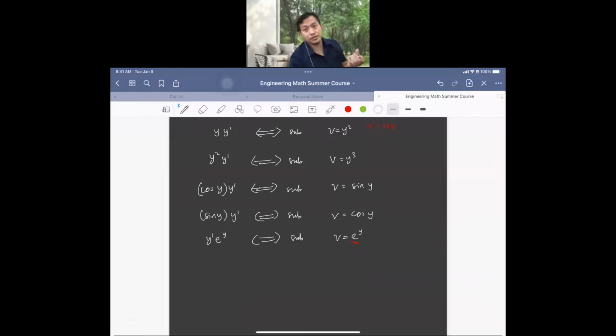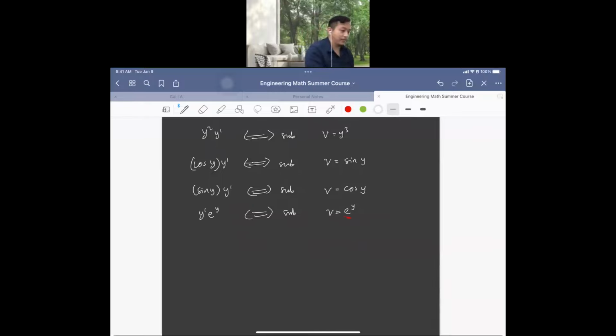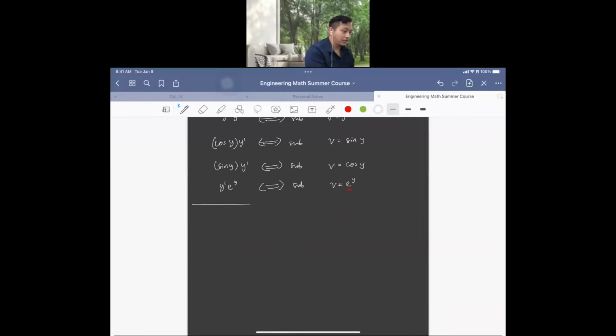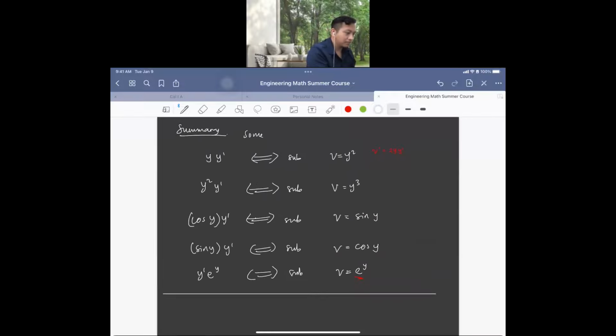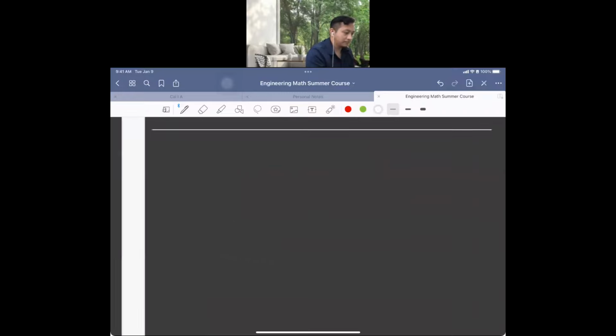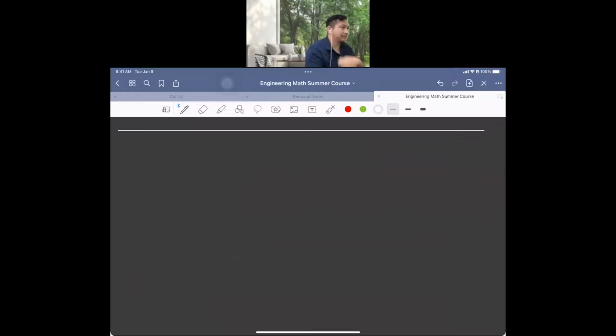Let me just get through to the Bernoulli equation, and we can have a little bit of review on what substitutions are. This is just some pattern that might work.